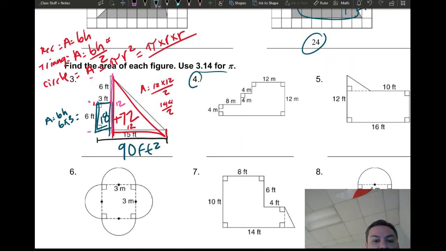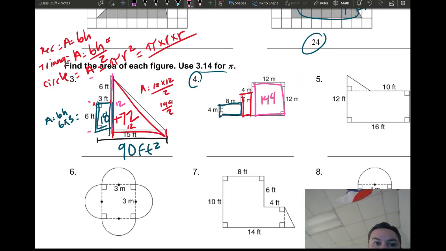Number 4, we have a step case right here: rectangle, rectangle, and a square. Base times height for all 3 of them. 12 times 12 is 144. For the blue one, it's an 8 by 4, which is 32.